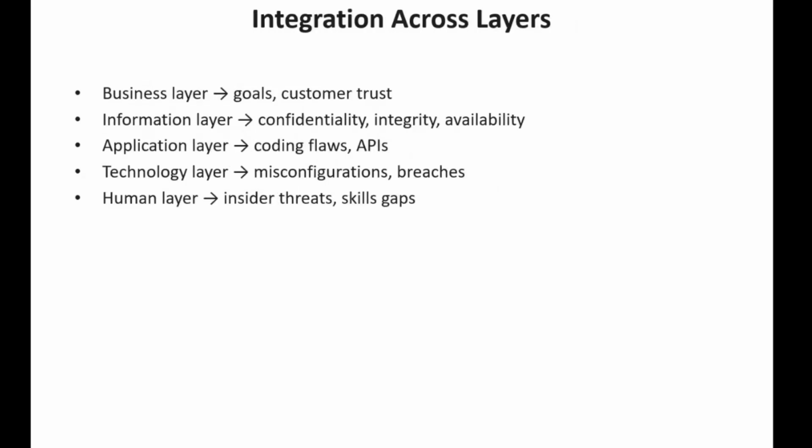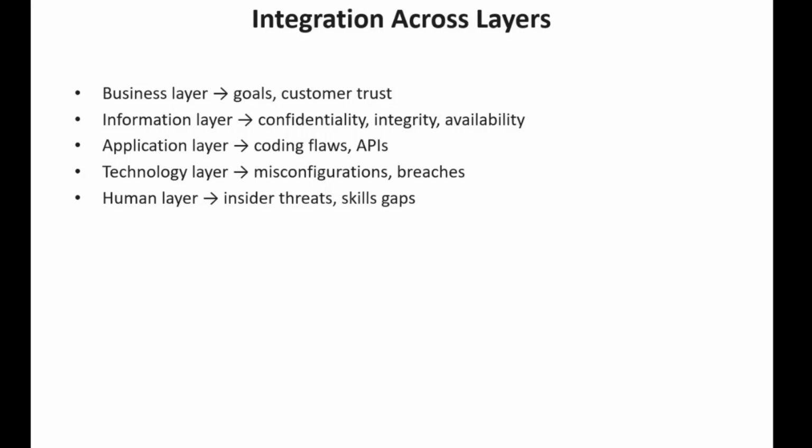A unique strength of ESA lies in its integration of risk assessment into the different layers of enterprise architecture. At the business layer, risks are evaluated in terms of strategic goals, competitive advantage, and customer trust. At the information layer, the focus is on data integrity, confidentiality, and availability. At the application layer, risks stem from coding flaws, insecure APIs, and misuse of software.